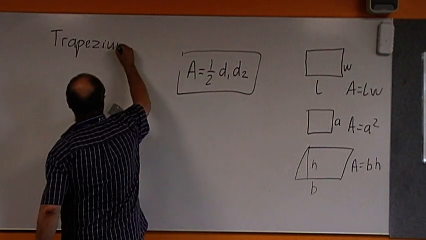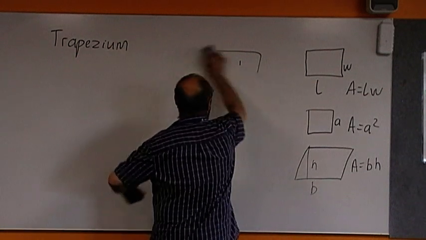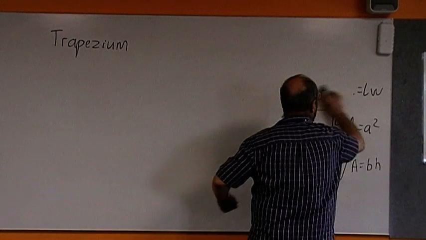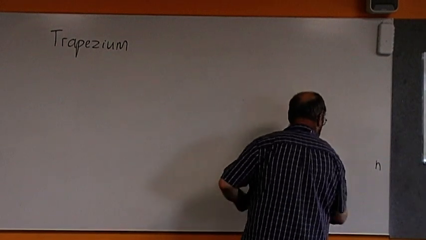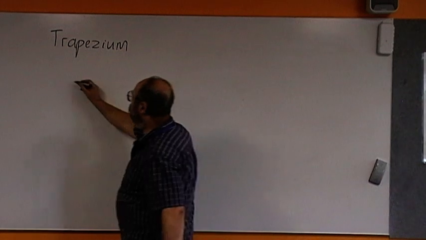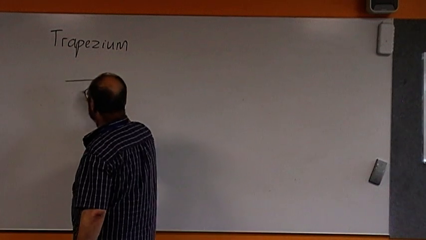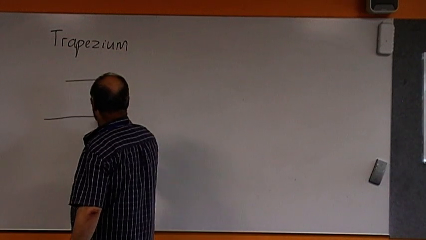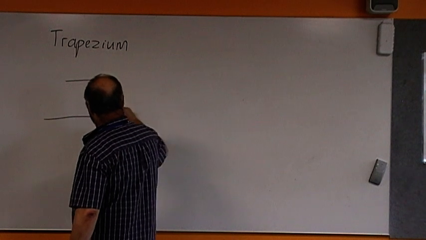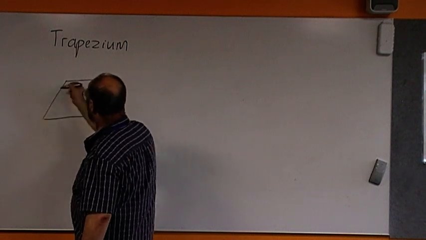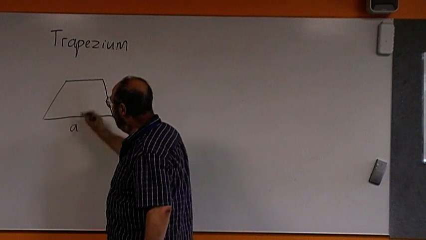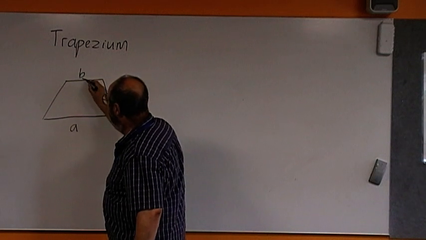Trapezium. A trapezium is a shape which has two parallel sides. That's all. One property of a trapezium: two parallel sides. So sides A and B are parallel.